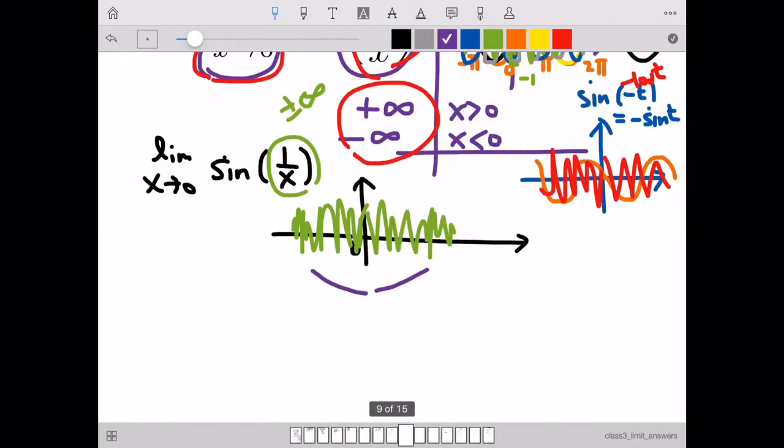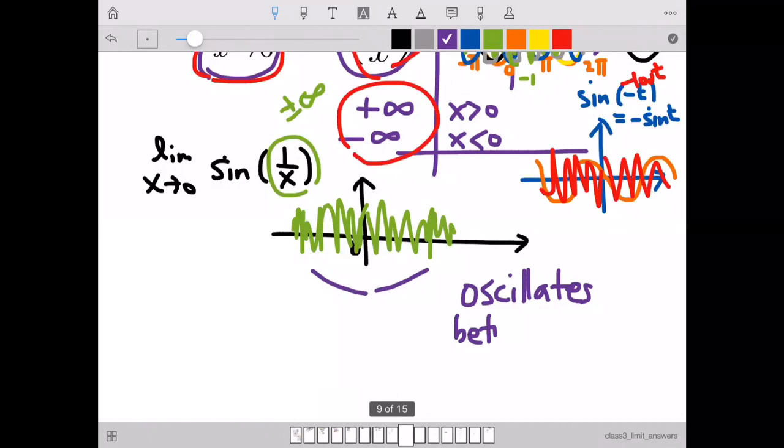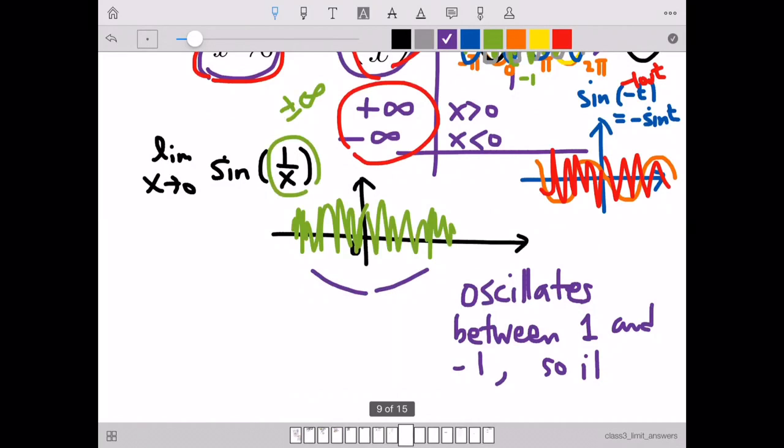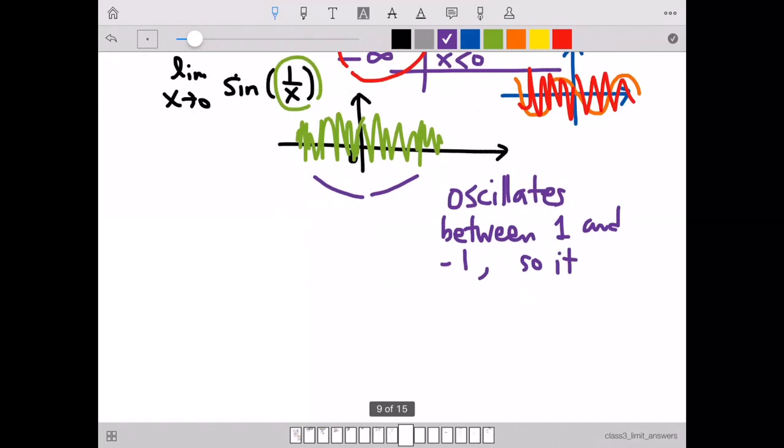It oscillates between 1 and minus 1. So it does not approach a single number.